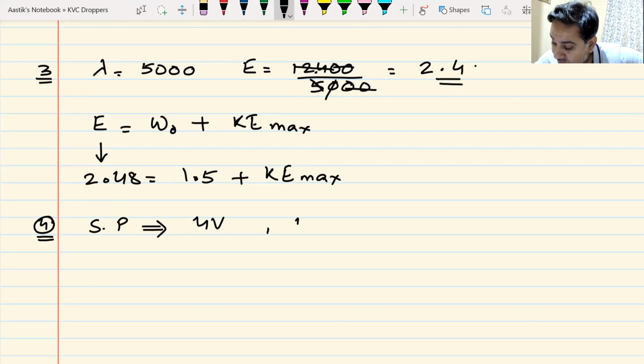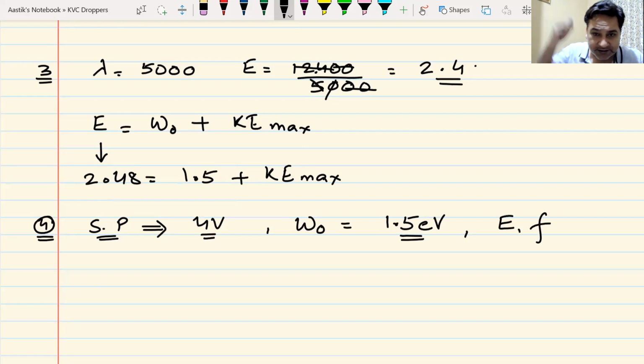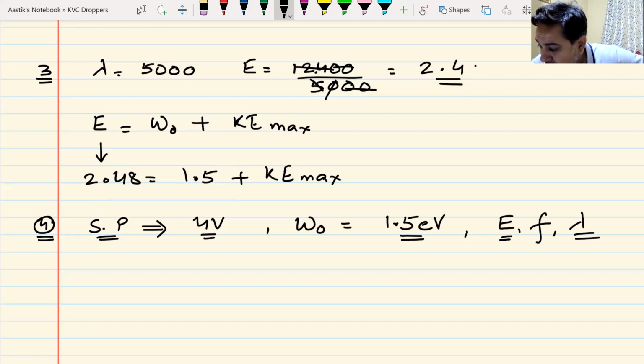The work function of the metal surface is, let us say, 1.5 electron volts. Can you tell me what is the energy of the photon that is falling? What is the frequency of the photon that is falling? And what is the wavelength of the photon that is falling?